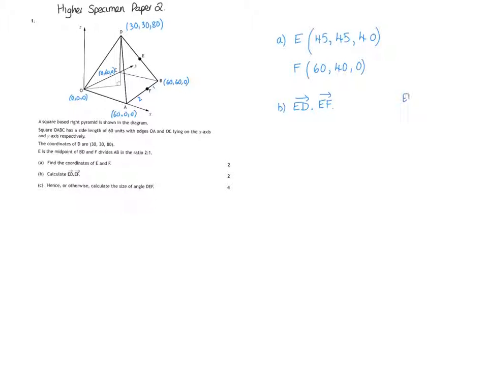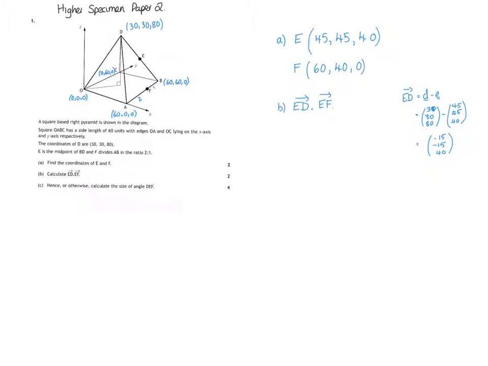So ED is going to be D take away E. And we know that D is 30, 30, 80, and E is 45, 45, and 40. So that means ED is going to be 30 take away 45, so that's minus 15. We have 30 take away 45 again, so minus 15, and then we've got 80 take away 40, so that's 40.